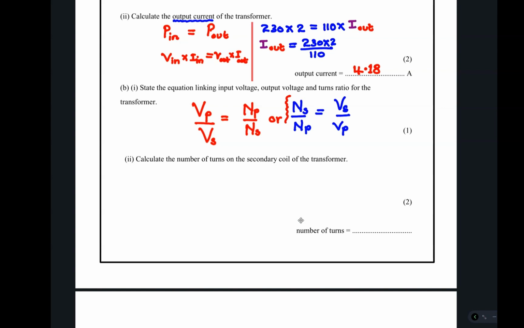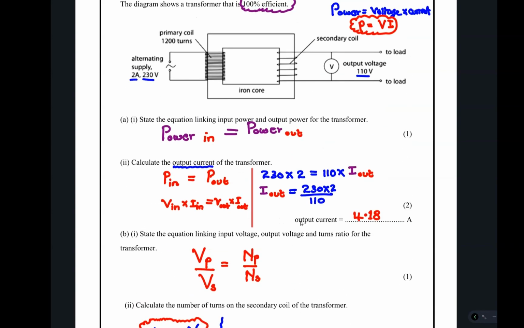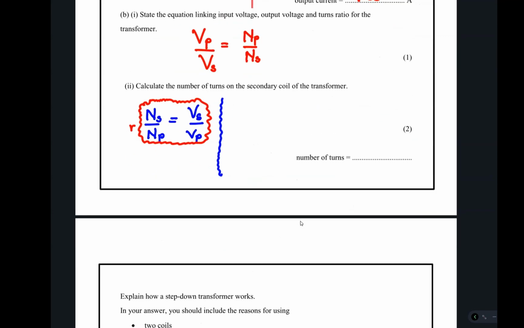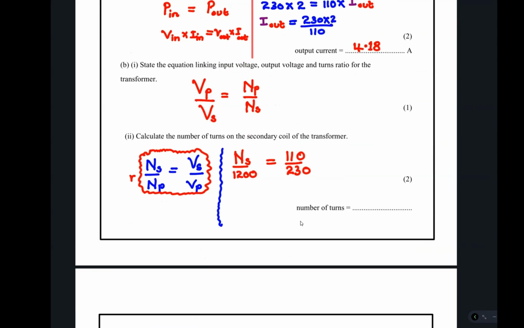And I'm going to use this second part to answer Roman 2, because you are supposed to calculate the number of turns on the secondary coil of the transformer. The number of turns that we are looking for is for the secondary coil. We have everything. Then we need to substitute all that we have and make NS the subject of the formula, and this becomes that.